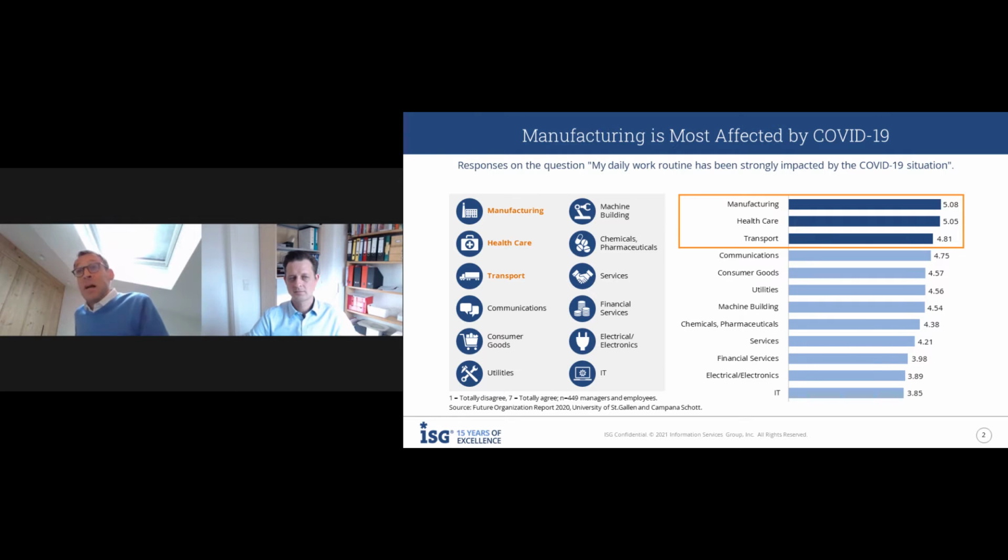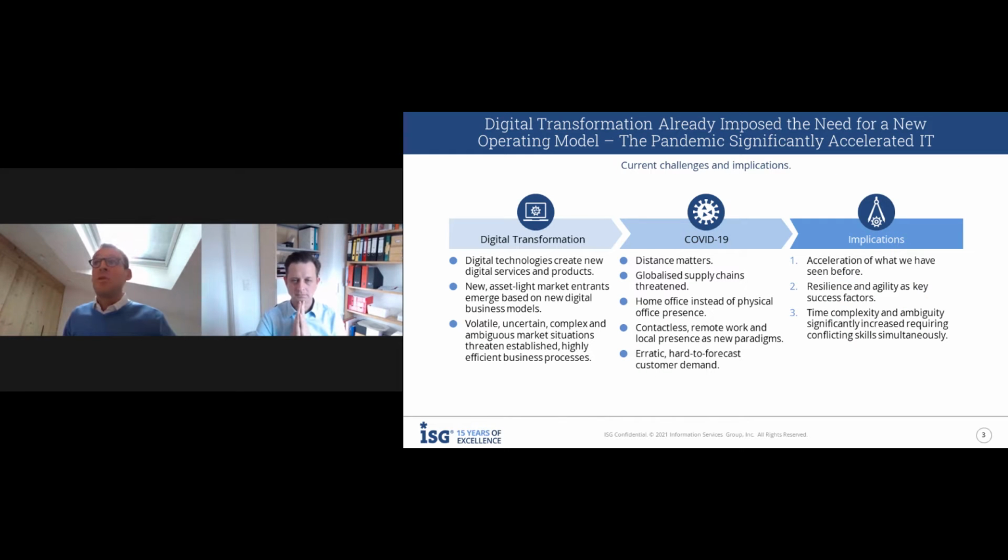I was really surprised when seeing those figures, that even if you take into account the tremendous changes we have seen with hospitals, or in the transportation industry with aircraft on the ground, manufacturing is even more impacted just from a worker's perspective on the daily routine. So this is the reason why we put the focus on topics related to manufacturing.